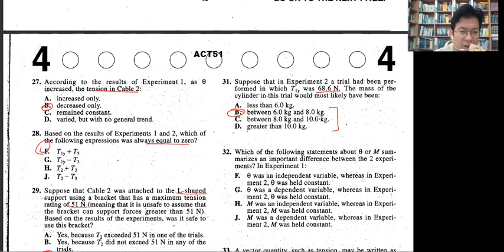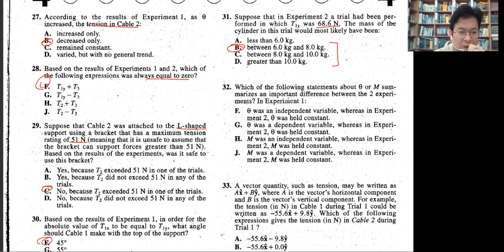You can simply calculate that. Which of the following statements about theta or M summarizes an important difference between the two experiments?